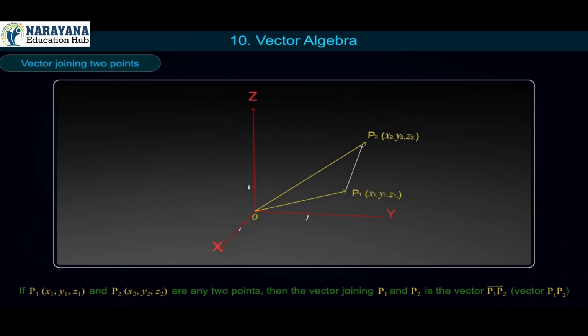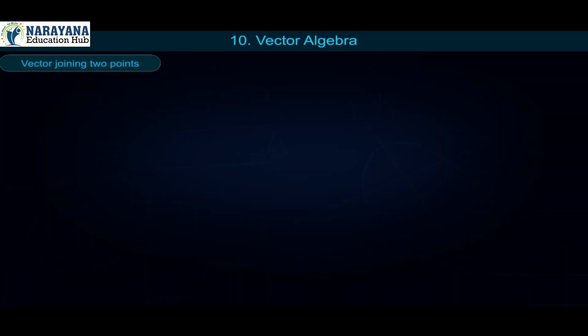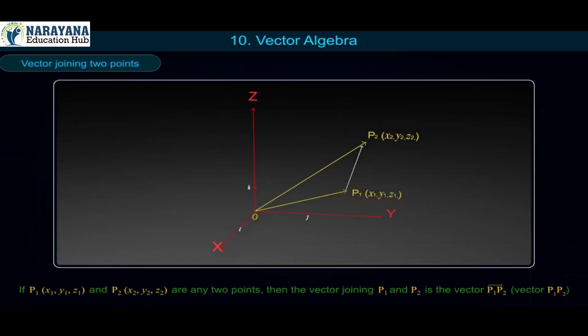Vector joining two points. If P1(x1, y1, z1) and P2(x2, y2, z2) are any two points, then the vector joining P1 and P2 is the vector P1P2.